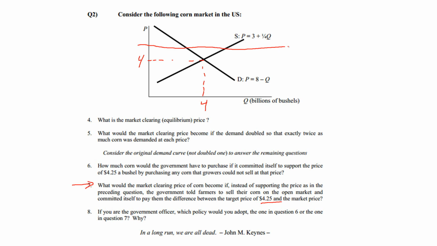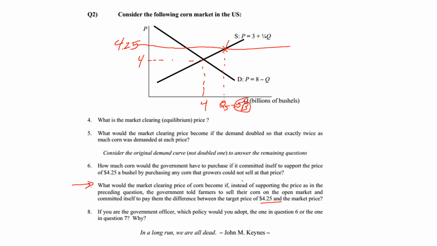Government says, nope, we want to create a policy where suppliers get paid $4.25 to incentivize corn growing. So again, to the supplier side, it doesn't matter what the policy is. They're going to see $4.25 no matter what. So they're still going to be producing that 5 billion bushels, right? They're still going to be producing that.